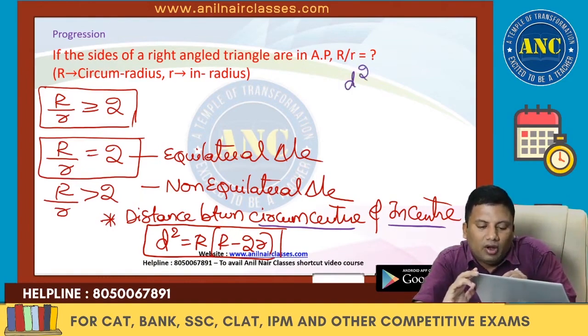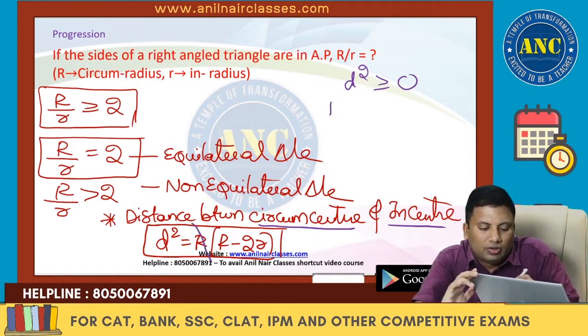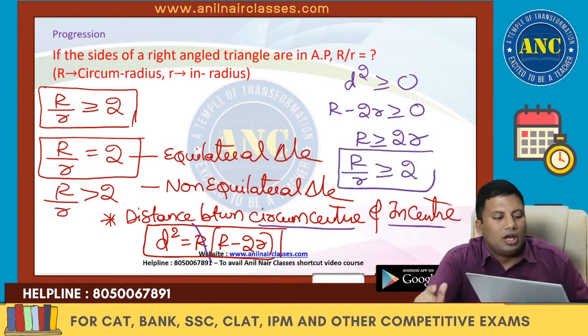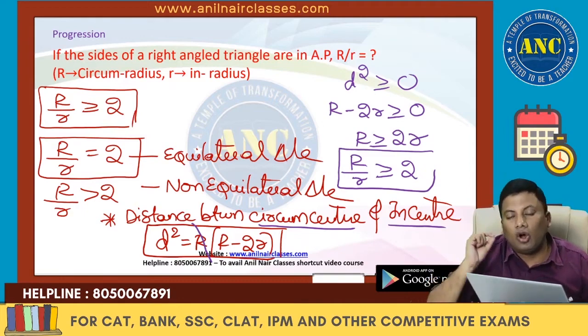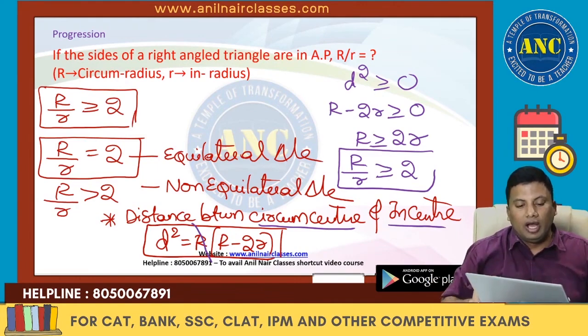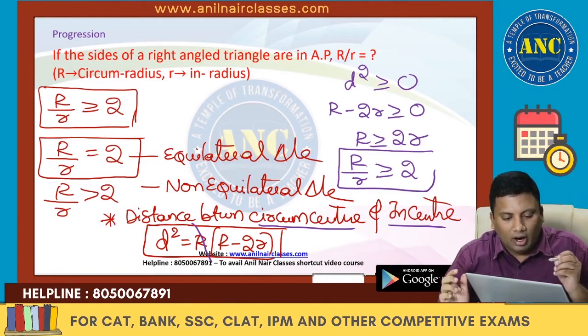D square will always be greater than or equivalent to 0, and circumradius will be greater than or equivalent to 0. So R minus 2r will be greater than or equivalent to 0, R is greater than or equivalent to 2r, so R by r is always greater than or equivalent to 2. All these important key points are required for you to solve this question.